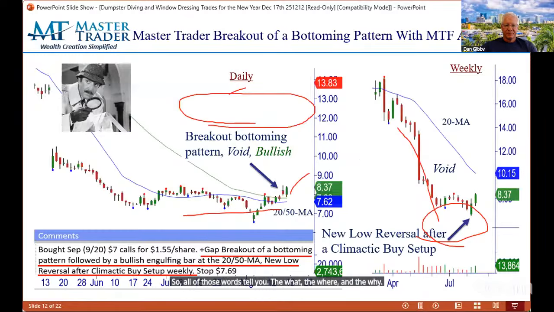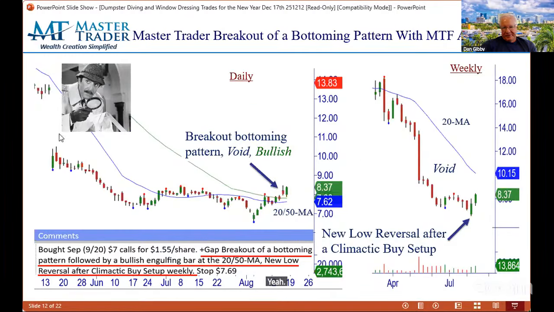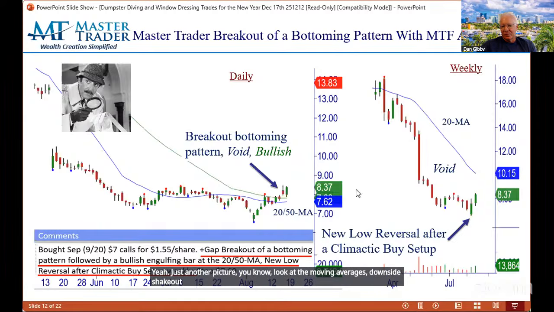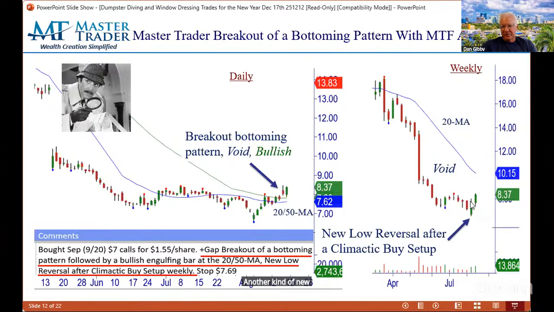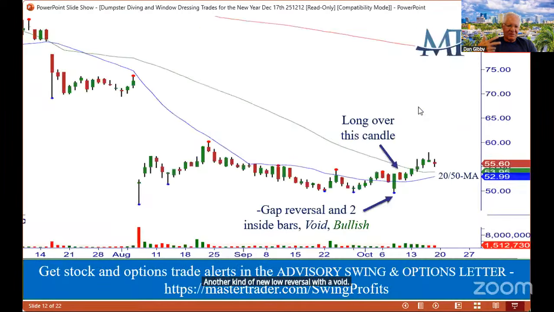Yep. Just another picture. Look at the moving averages, downside shakeout, went sideways, broke out, another kind of a new low reversal with a void. I'm just showing you examples when I want to save time to scan. Greg and I use the term the tell. It's like, okay, now you've shown your hand.